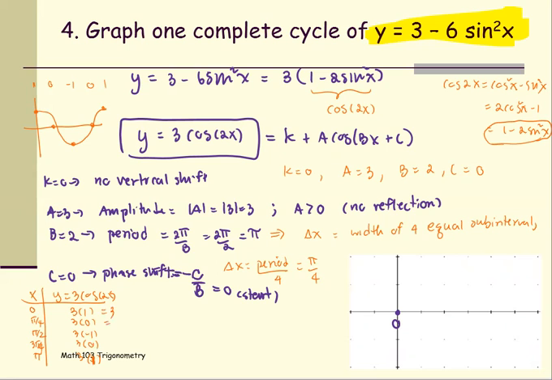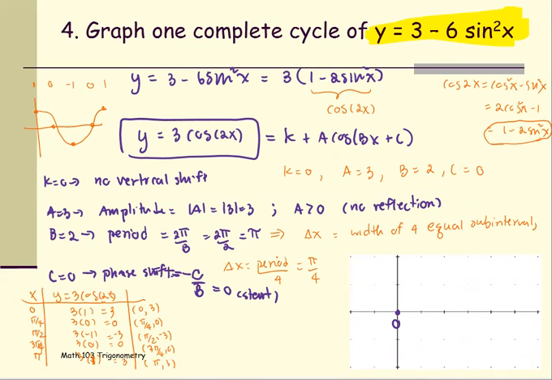Simplify to be 3, 0, negative 3, 0, and positive 3. The ordered pairs are going to be (0, 3), (pi over 4, 0), (pi over 2, negative 3), (3 pi over 4, 0), and the last one will be (pi, 3).